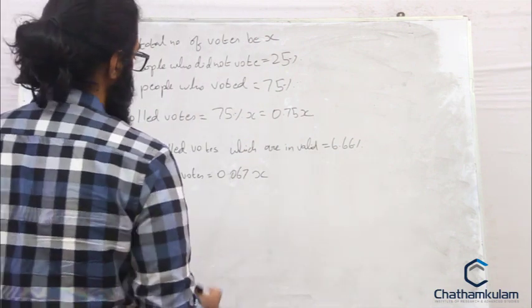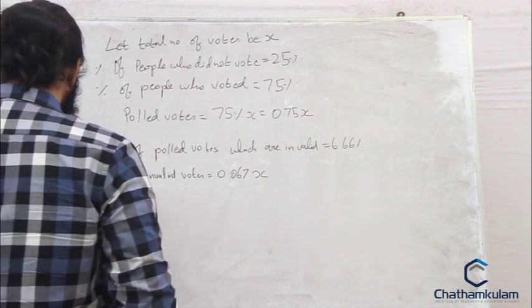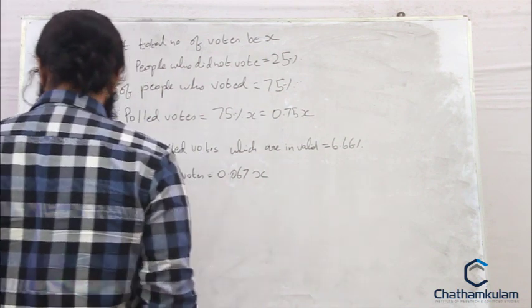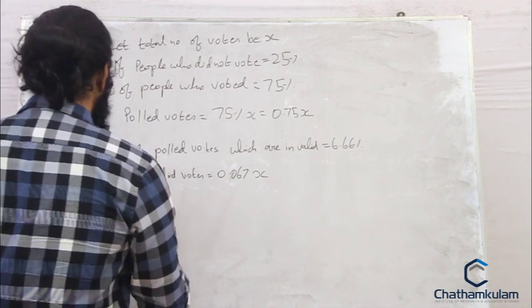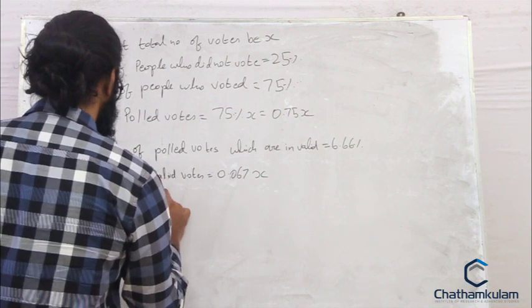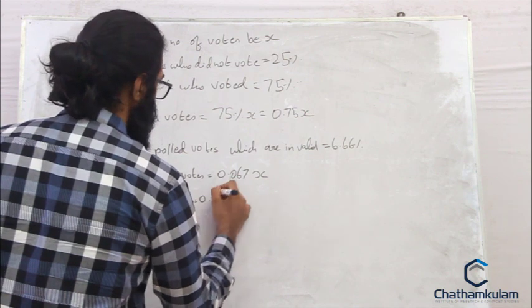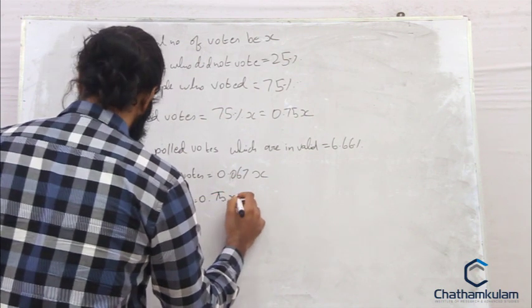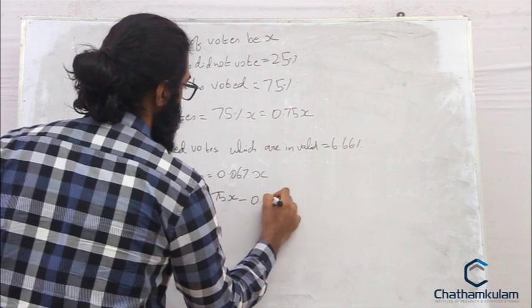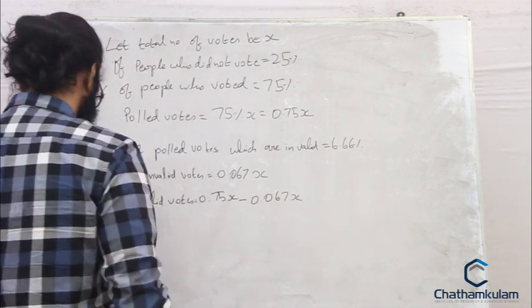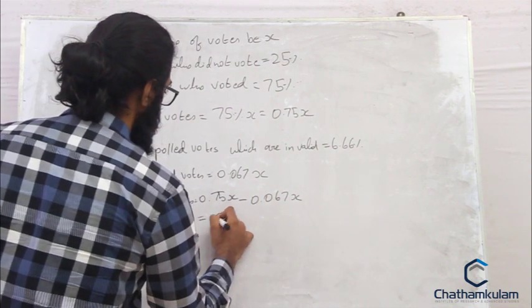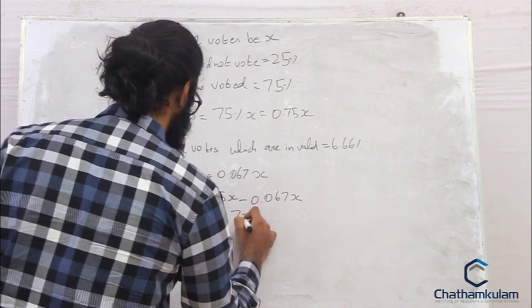So this is the percentage which were invalid votes. Therefore valid votes is equal to 0.75x minus 0.067x, which is equal to 0.7x.